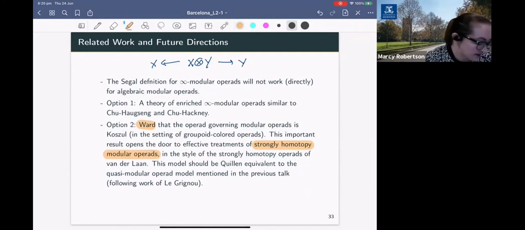And I expect this model would be equivalent to the quasi-modular operad model that I threw out at the end of the last talk. This would follow from work of, oh, I can't pronounce Bryce's name. Hi, Ben. If Ben wants to say anything about this, I've finished, I guess, 10 minutes early, so I'll stop there and open for questions.